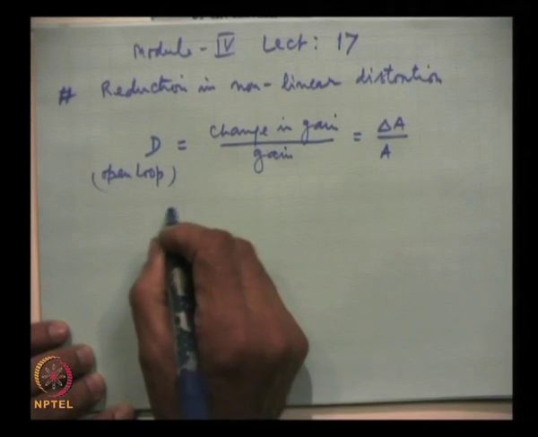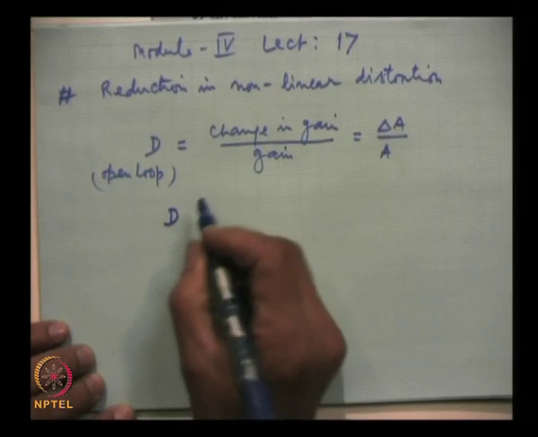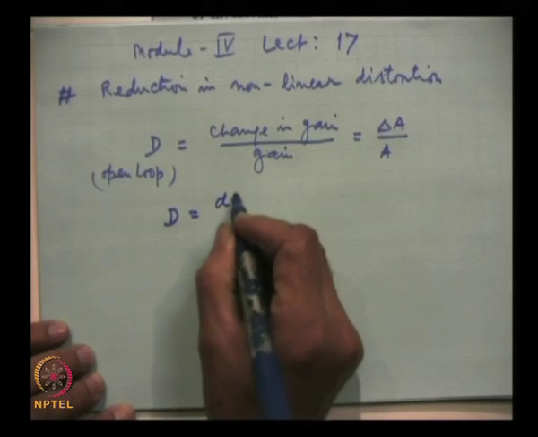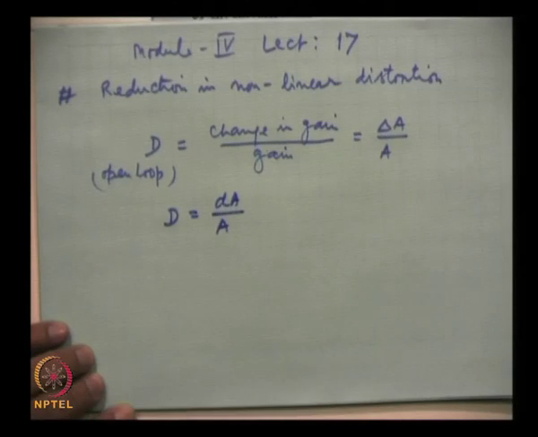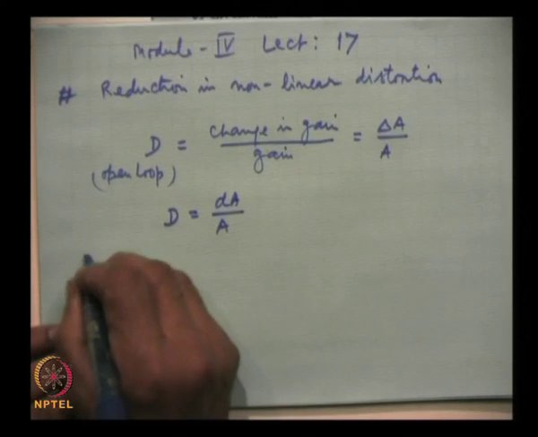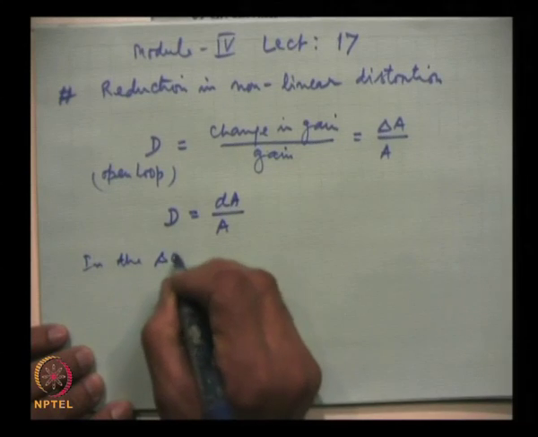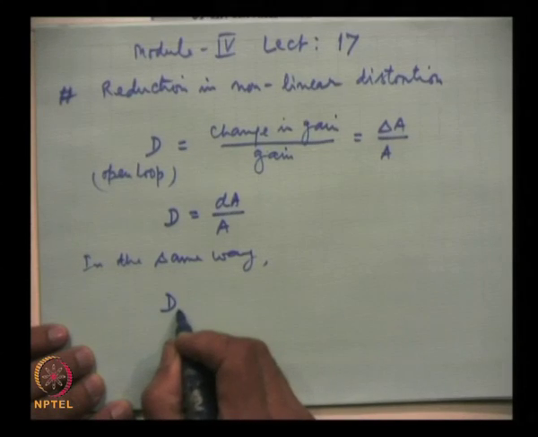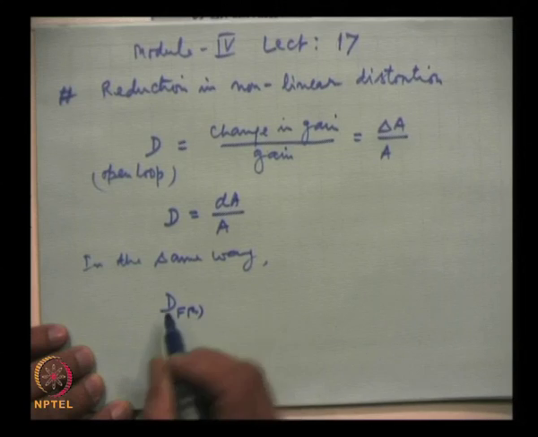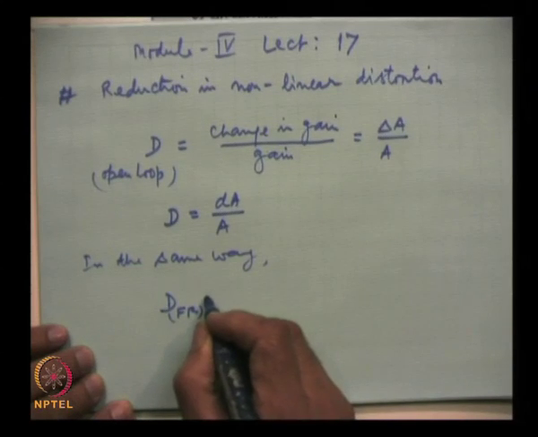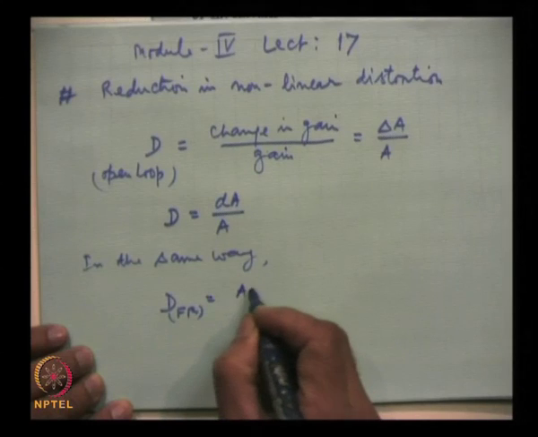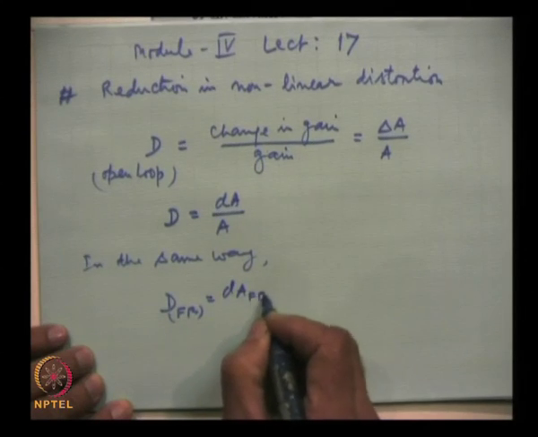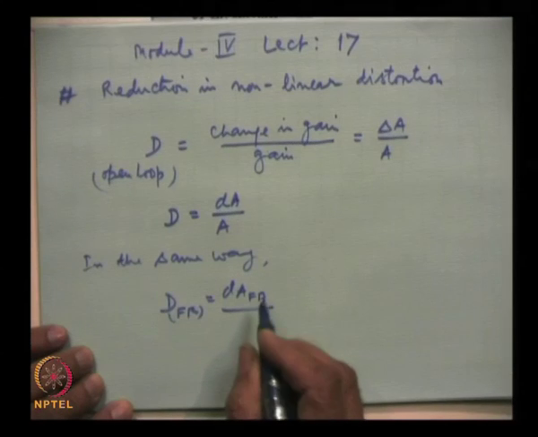So, the distortion in open loop amplifier can be represented by dA by A. In the same way, for the feedback amplifier, the distortion can be written as DFB, distortion with feedback, equal to dAFB by AFB.